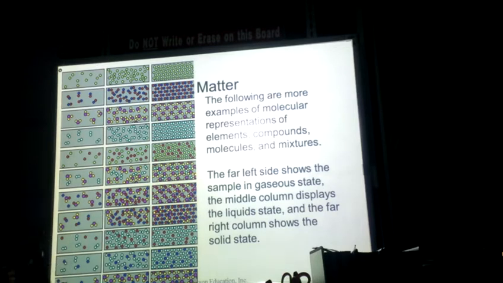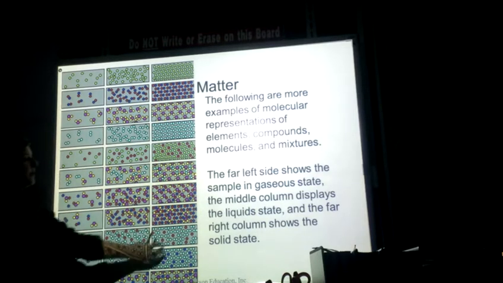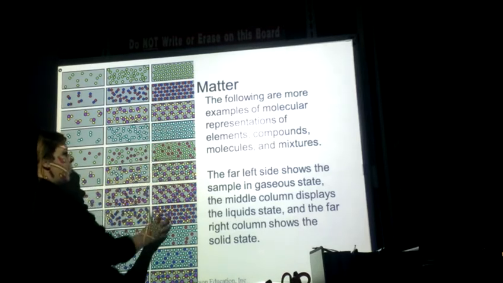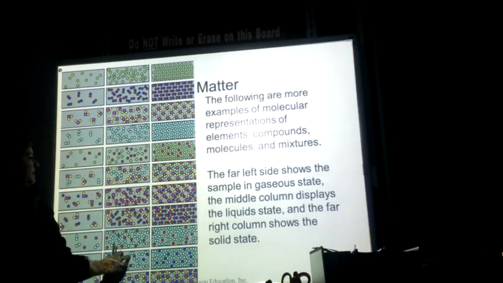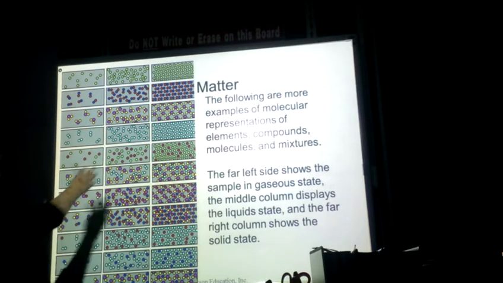There's more space separating them. This middle column is going to represent liquid states. Far column is going to represent solid states. I see that the solid states have more of an organization to them. Liquid states have less organization, a little more space in between them, but they're still pretty close together. And then gas is where I'm going to see that really large variable range in terms of space.